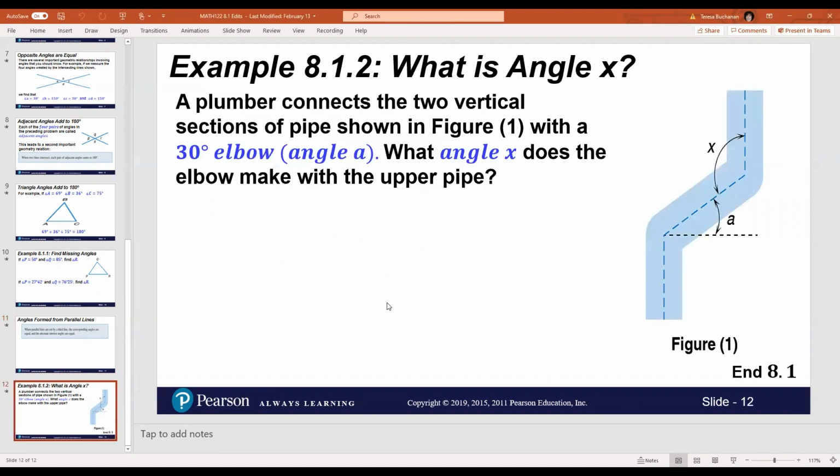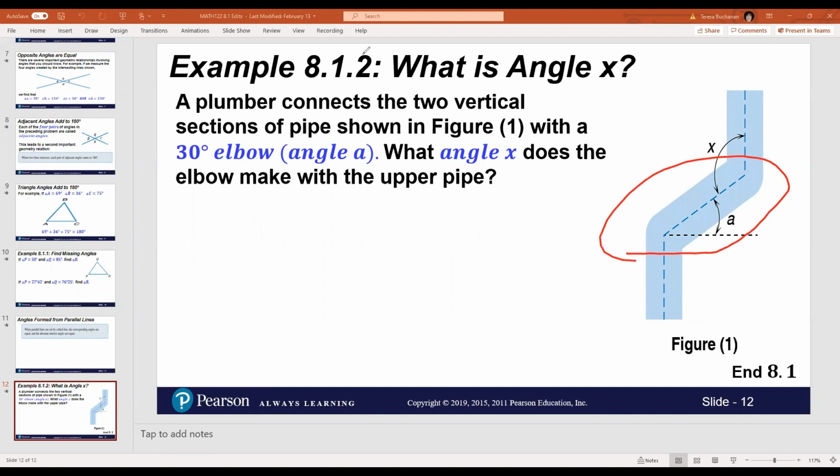And finally, then we have an interesting word problem. We have a plumber who's connecting two vertical sections of pipe. So the two vertical sections here and here, he's connecting those. They're not standing close to each other. So he has to connect those with an angle piece here, a 30-degree elbow piece.